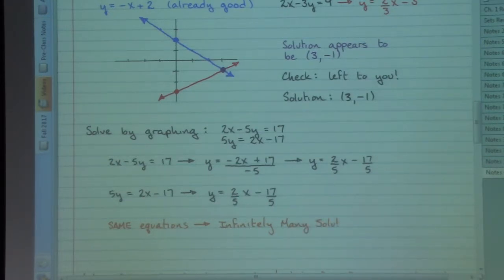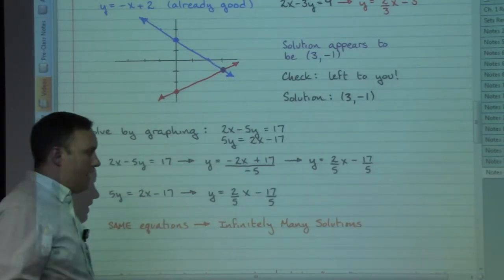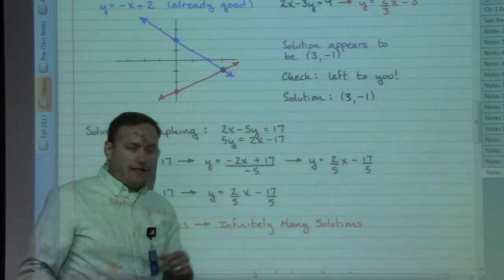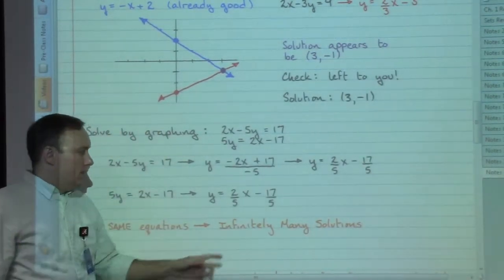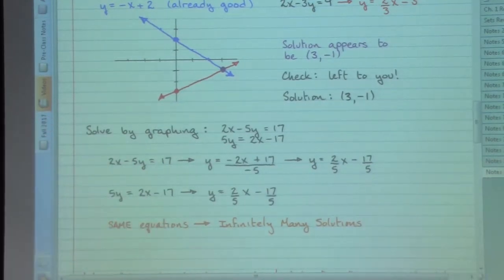We don't even need to accomplish the graphing here. We can just flat out say that's what we've got going on, without even needing to graph, before I even worry about the graphing aspect of things. Recognizing these as being identical, as being the same, means that I would have infinitely many solutions.